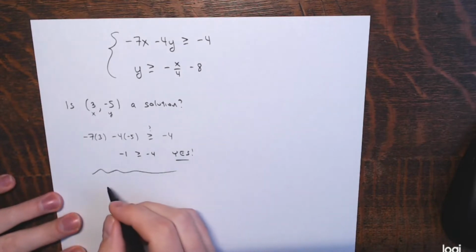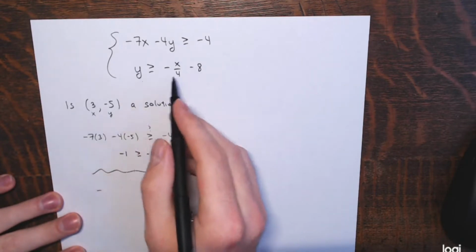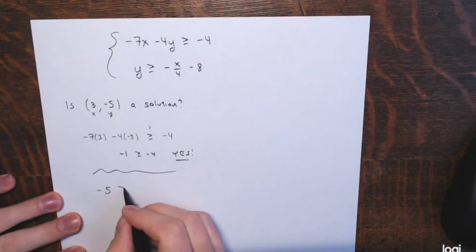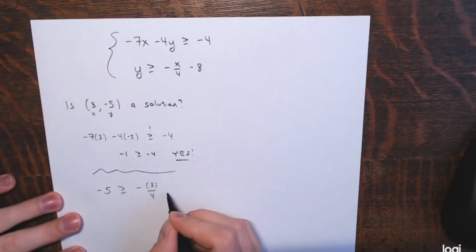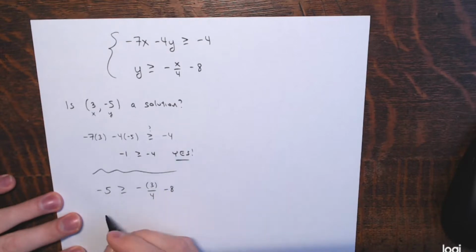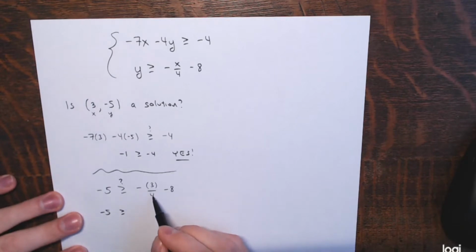All right, then on the second inequality, y is negative 5. Is that greater than or equal to the opposite of 3 divided by 4 minus 8? So negative 5, is that greater than or equal to negative 3/4 minus 32/4? 32 divided by 4 would be 8.